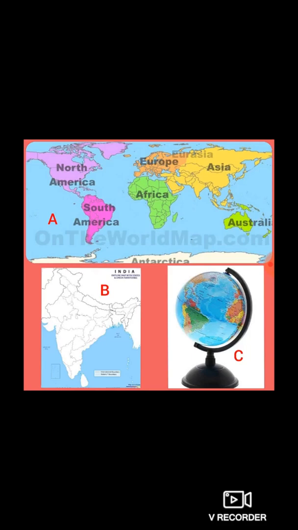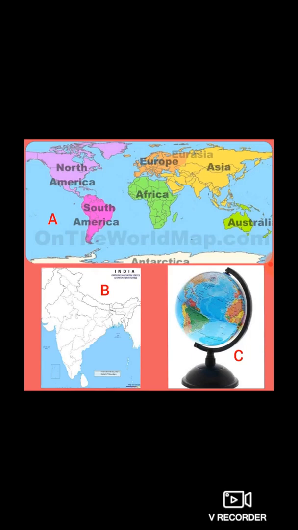Which of these devices allows you to see the entire area of the earth at the same time? Look in the figure and tell me where you can see the whole earth. A is an open plain world map.